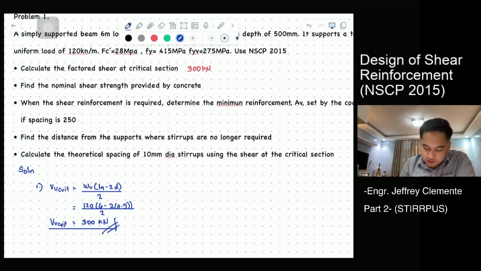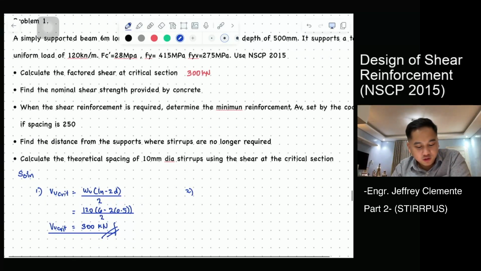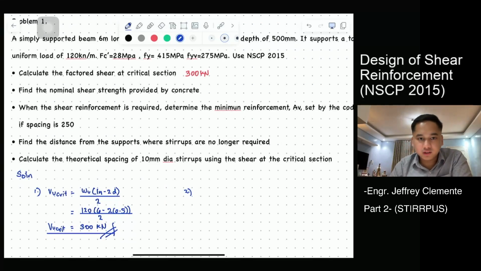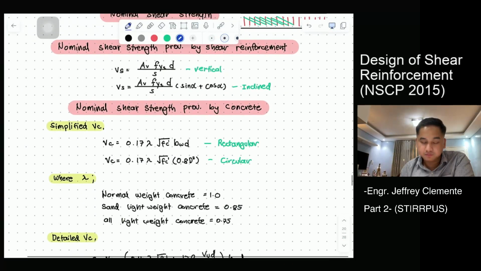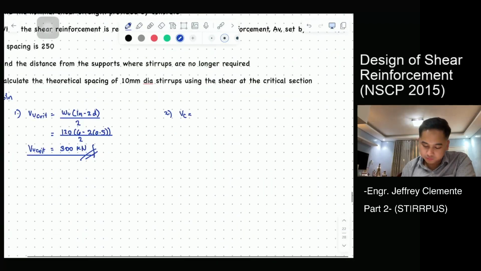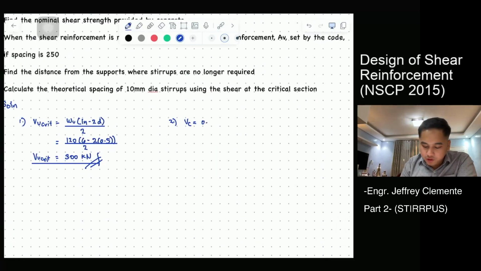Paano kung tanong naman is like this one. Find the nominal shear strength provided by the concrete. So ano ang hinahanap? Provided by the concrete. So this is just Vc. Where Vc is, di mo sinabi kung simplified o detailed, so you use the simplified. Di ba? Ano ba yung simplified? Ito. Okay? So 0.17 lambda square root of f'c bw d.